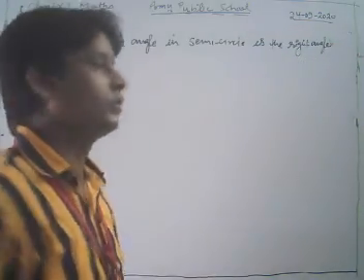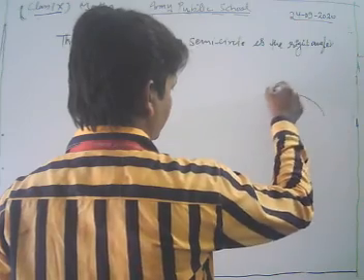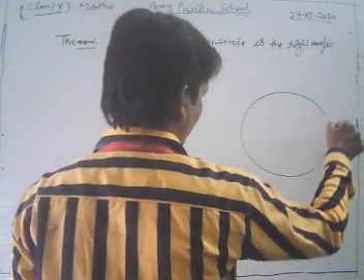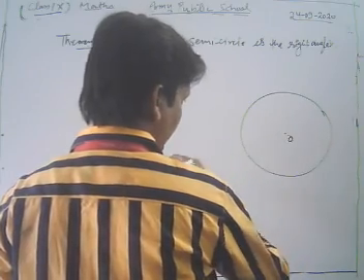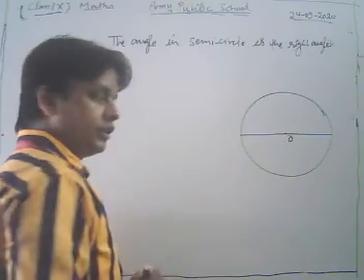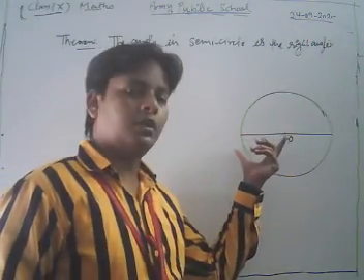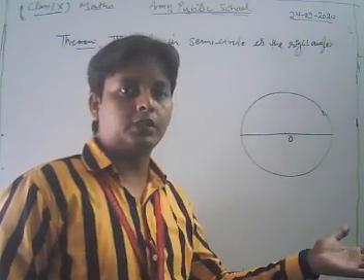Now first of all we draw a semicircle. We draw a circle. This is the center of the circle. Now we draw a chord which passes through its center, then it is said to be a diameter of the circle.